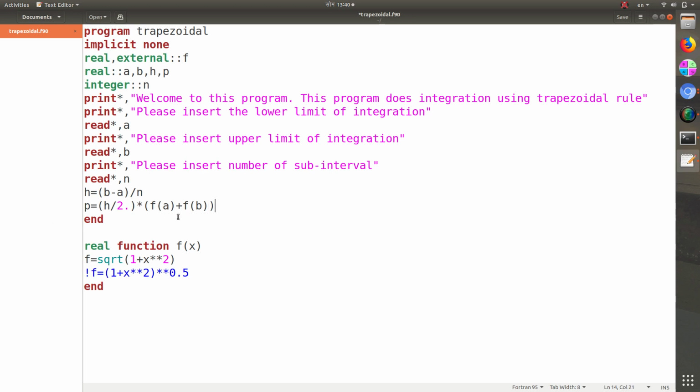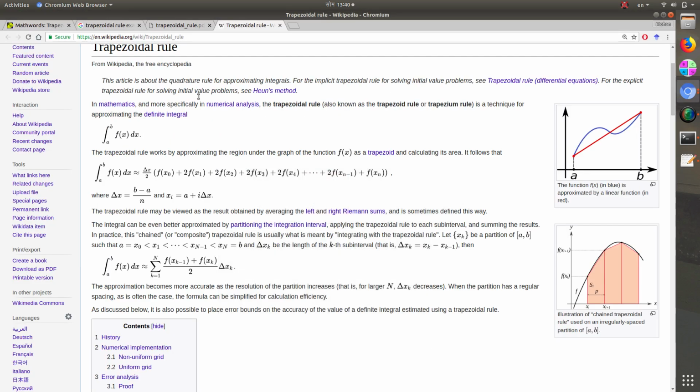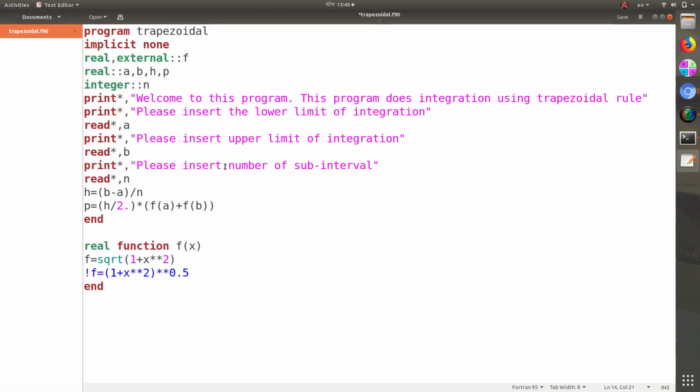Okay, this is p. See, in this formula I included f of x0, f of xn, including h over 2. Now the rest should be from here to here, including h over 2. Alright, and finally adding all, we can get the answer simply. I have defined p over here as a real parameter.